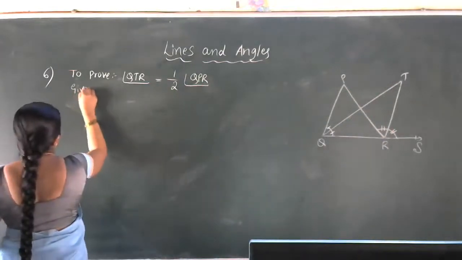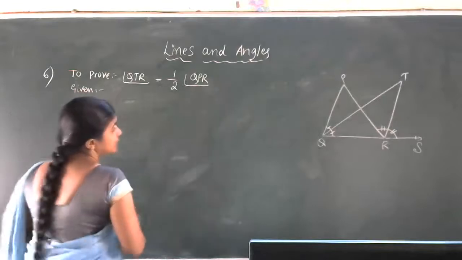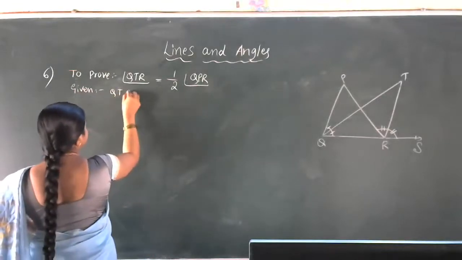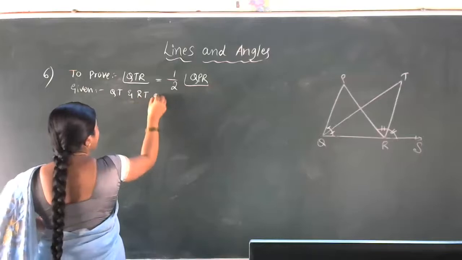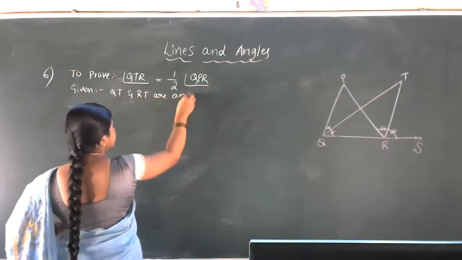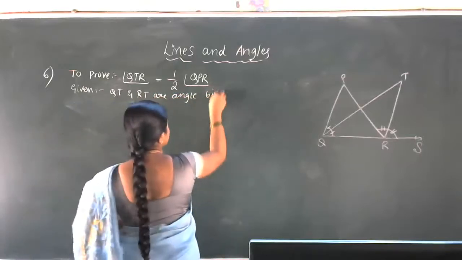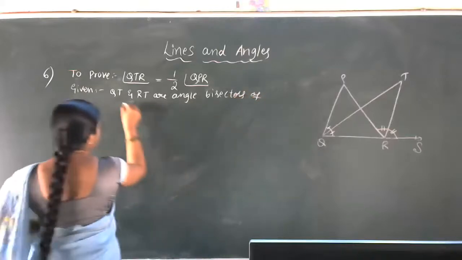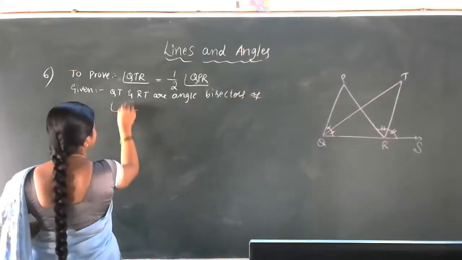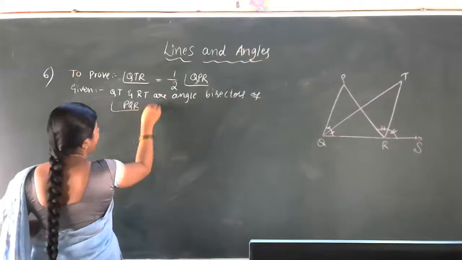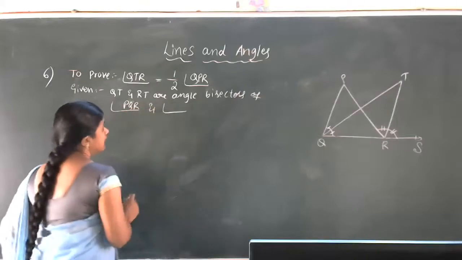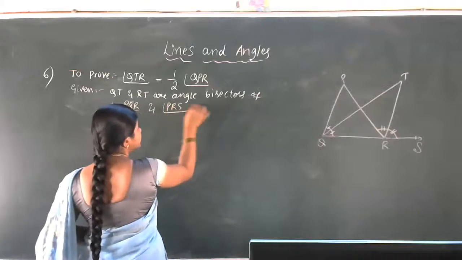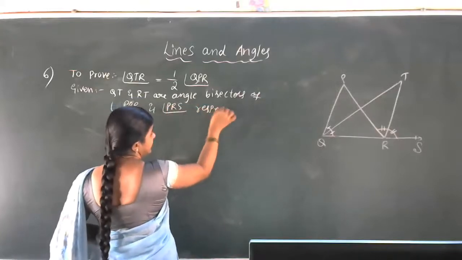First we'll write the given. What is given actually? QT and RT are angle bisectors. QT is the angle bisector of angle PQR and RT is the angle bisector of angle PRS, respectively.